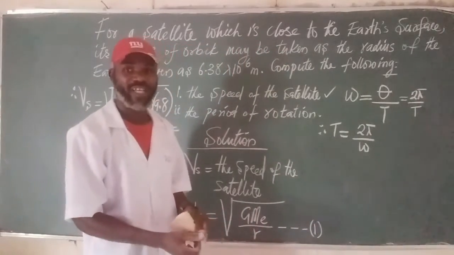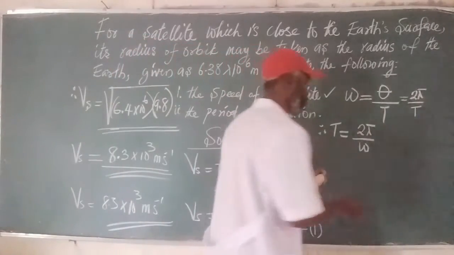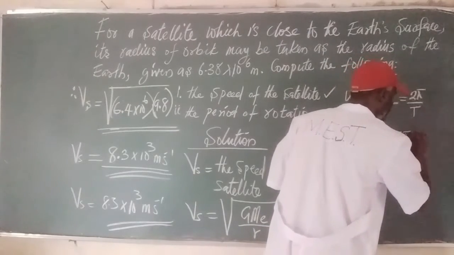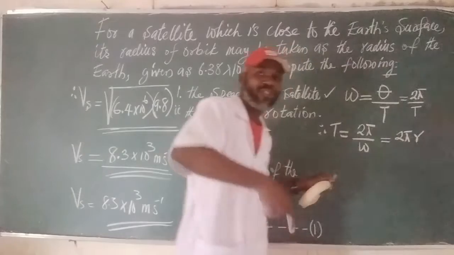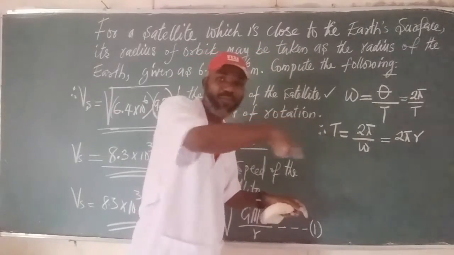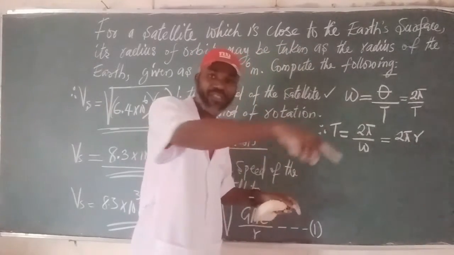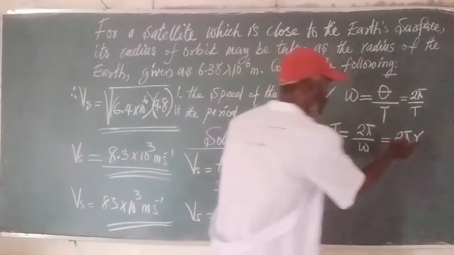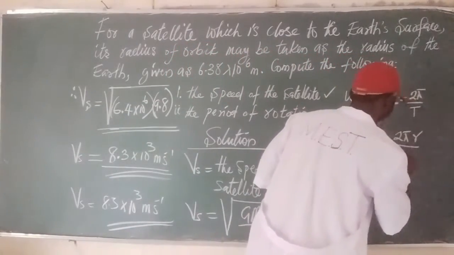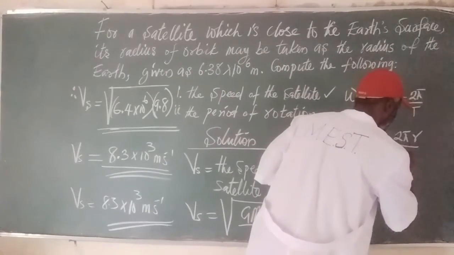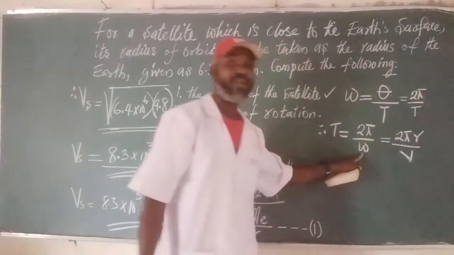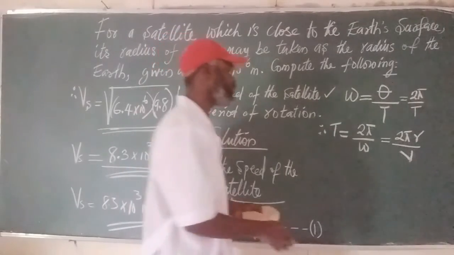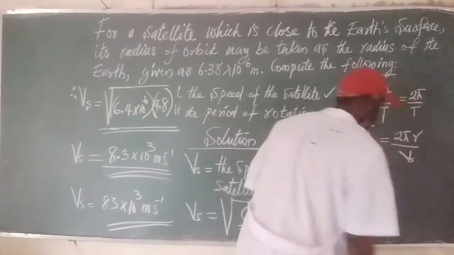But we don't have that, so we can change it as 2 pi r, because there is a circular movement, a rotation about a point. You must consider the radius of that point. So that's why we have r all over v. Now we are talking about v in place of angular speed. So that's the same thing, and that's the speed of the satellite, Vx.